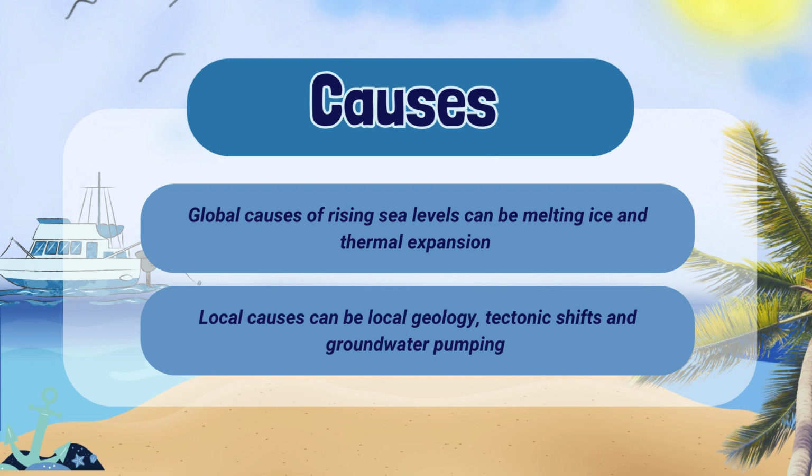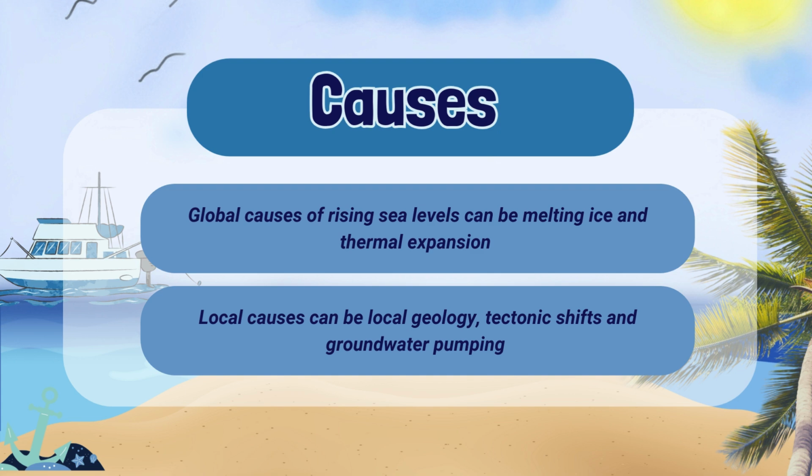Next up, we have causes. So in this section, there are global causes and local causes. Global causes include things such as melting ice and thermal expansion. Melting ice adds more water to the oceans, and thermal expansion increases the levels because when the water gets warmer, it ends up taking more space.